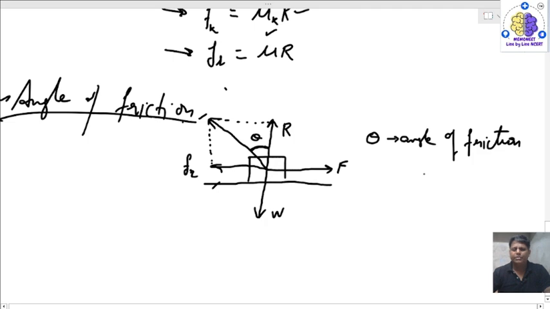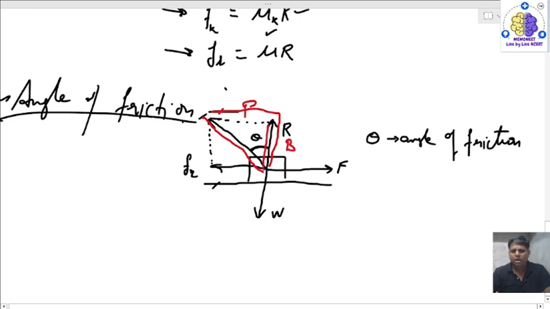Now, if we look into this triangle, for theta, this will be the perpendicular and this will be the base.